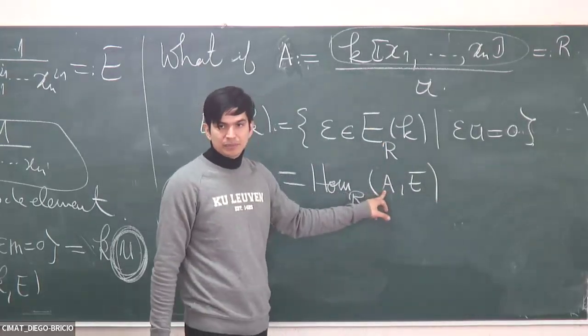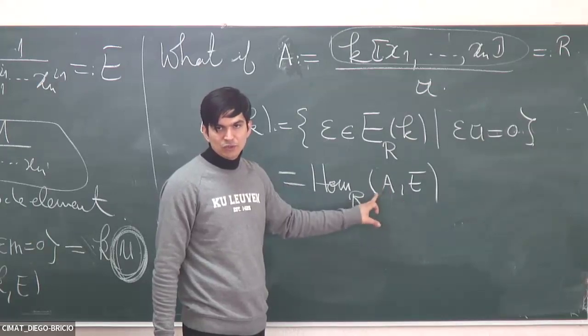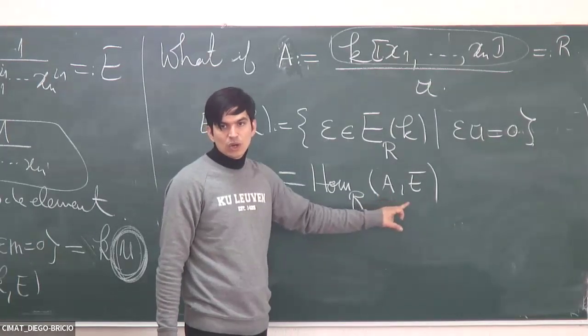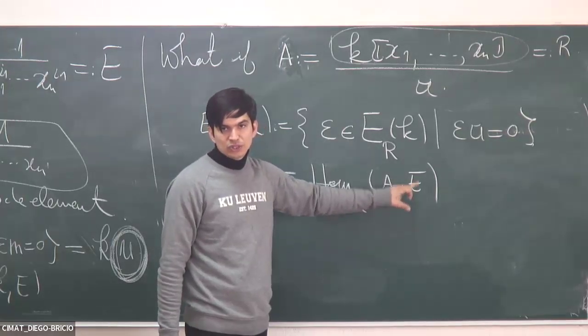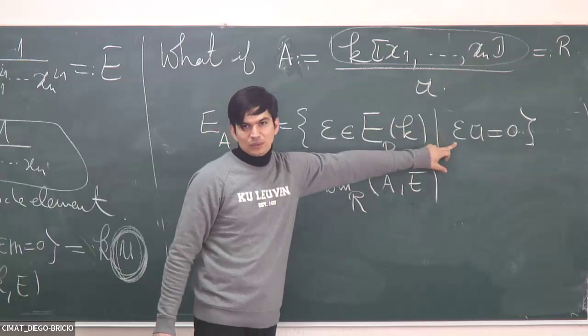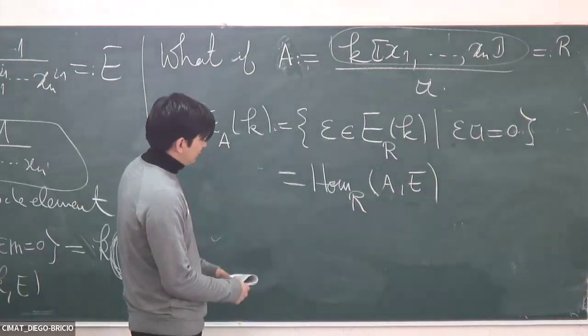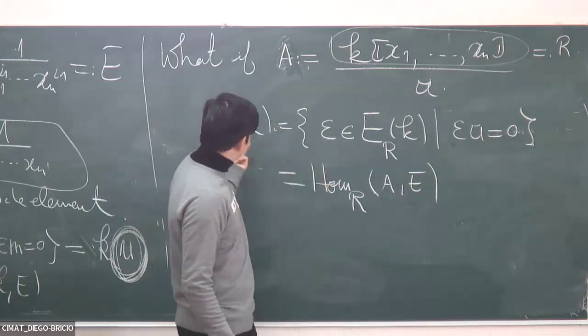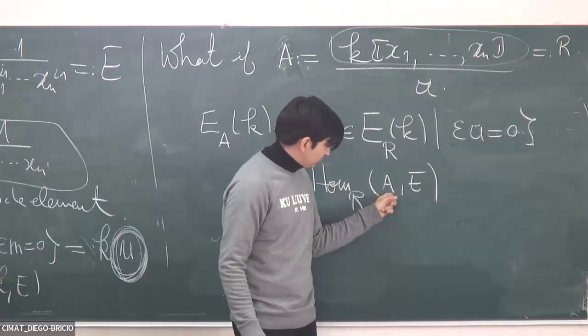Because R modulo A is a principal R module. So to define a map from here to here, all you have to do is decide where 1 goes, which is the choice of an element here. But you have to make that choice so that it works. And so if you will, the injective hull of K over R modulo A is the Matlis dual of R modulo A.